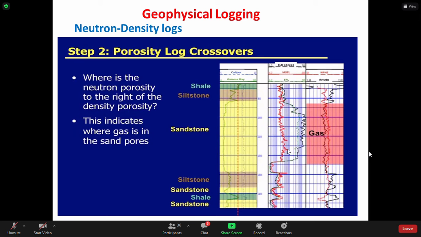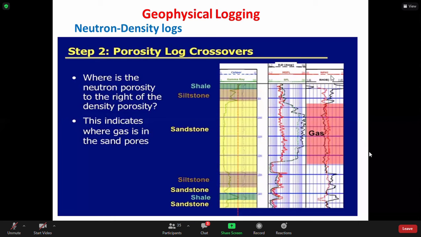So we can see the deep resistivity gives us the highest resistivity. We have very high resistivity in this region, indicating the presence of hydrocarbon. Because if it is water, then we're supposed to have low resistivity. It shouldn't be as high as that of hydrocarbon.